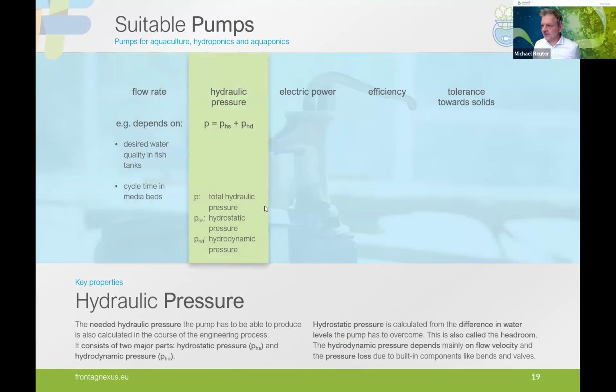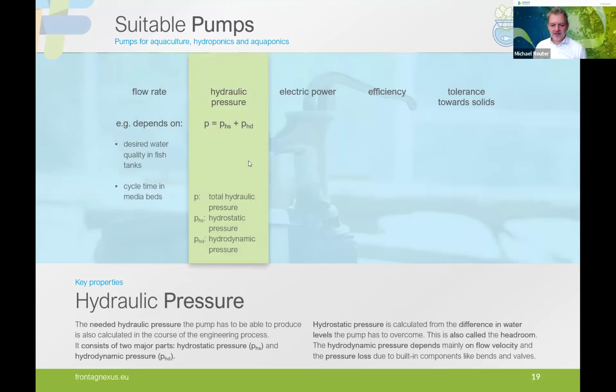The hydraulic pressure that the pump needs to deliver has mainly two parts. One is the hydrostatic pressure. This is the difference in water level between the lowest point where our pump will be and the highest point where the water will be pumped up.